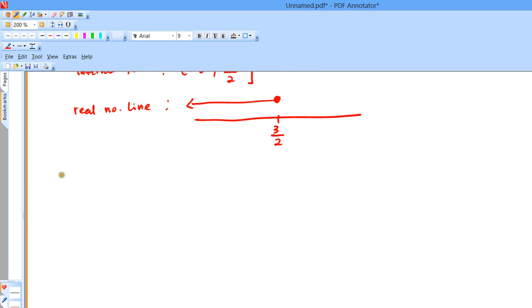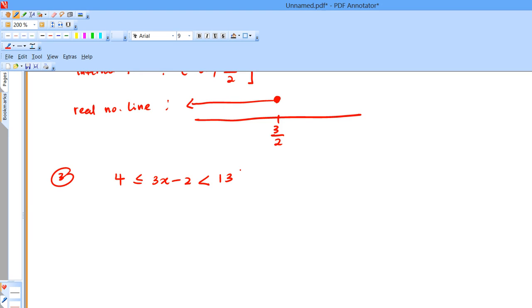Okay, next, example number 3. If we have 4 less than or equal to 3x minus 2 less than 13, it means 3x minus 2 is less than 13 and greater than or equal to 4. For these inequalities, you can solve directly.